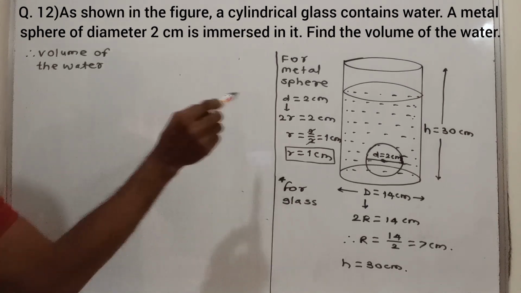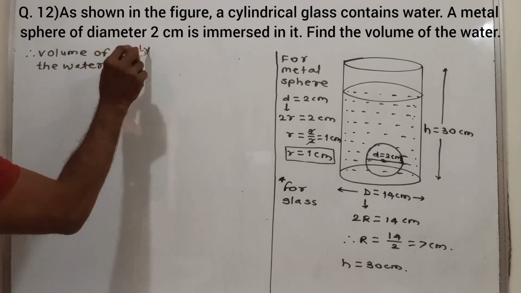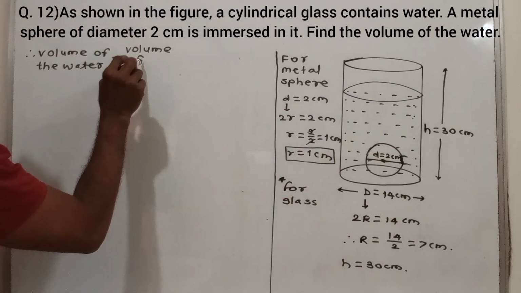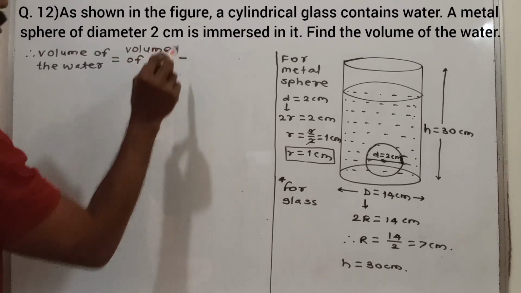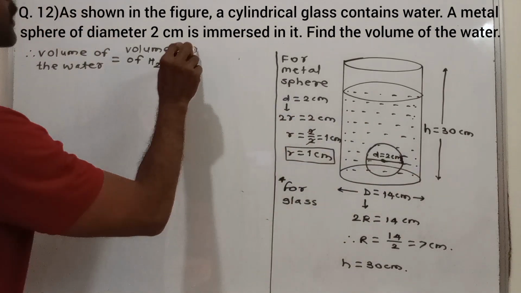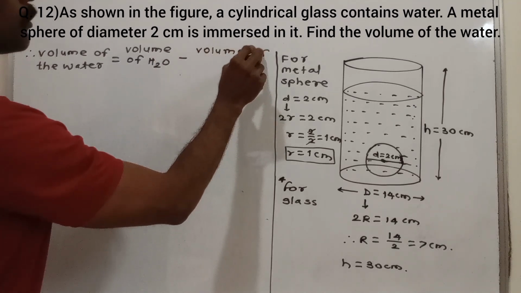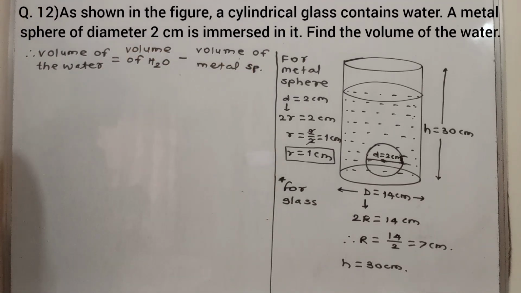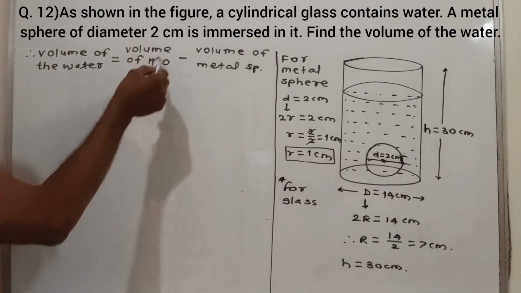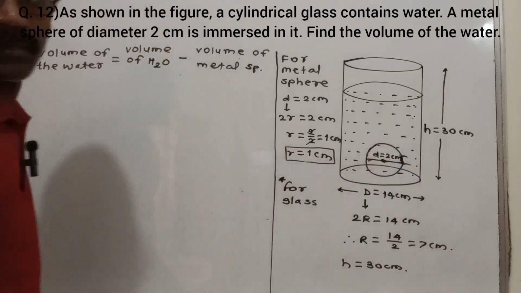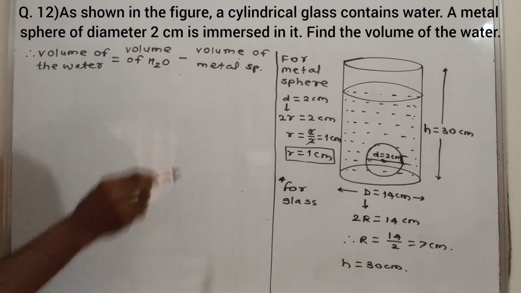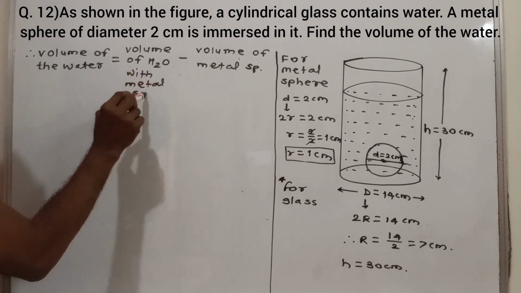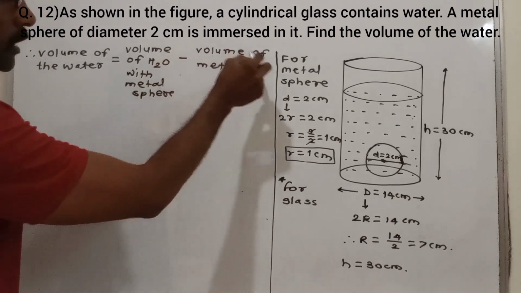So we write here volume of the water left in this cylindrical glass is equal to volume of water with metal sphere, minus volume of metal sphere.